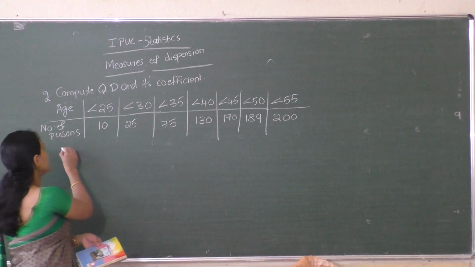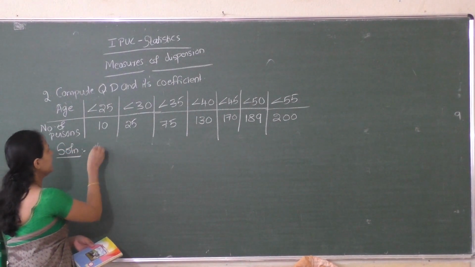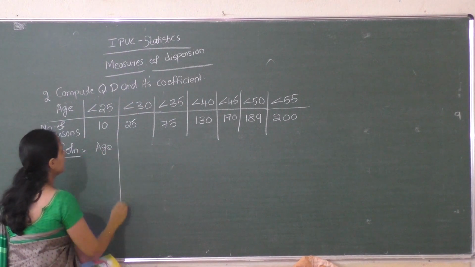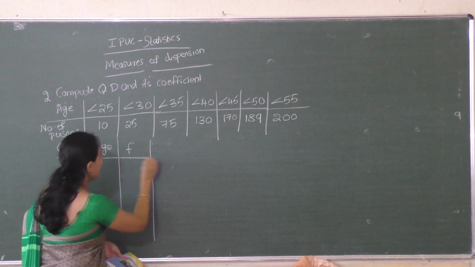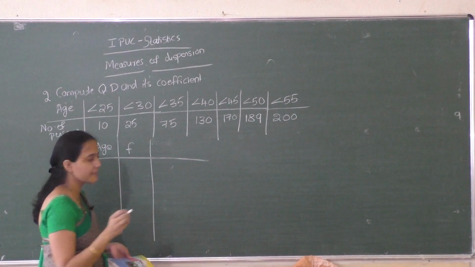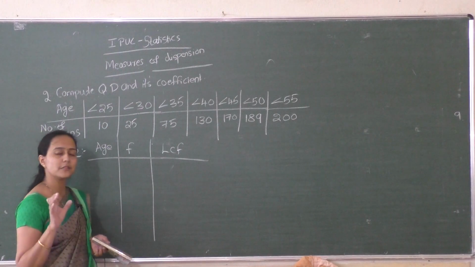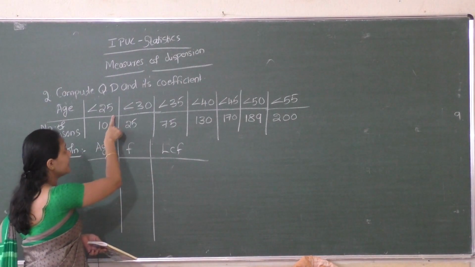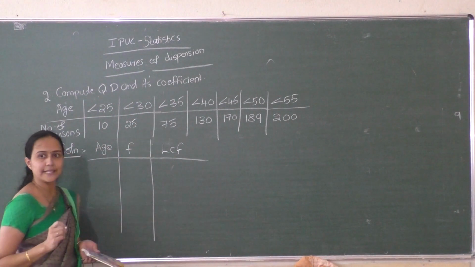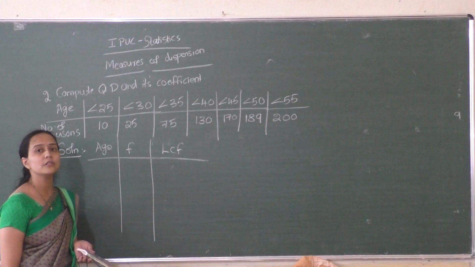First convert it into class intervals and frequencies. Age is the class interval. Then the number of persons I am taking as F. Actually the less than cumulative frequency is given, so I am writing here less than cumulative frequency, and it is required for our problem also. Less than 25, less than 30, less than 35, like that. So we can say that width equals 5.